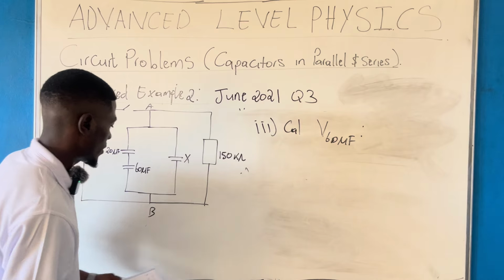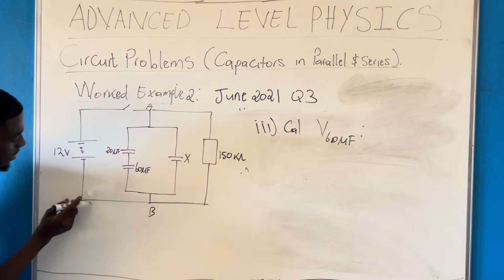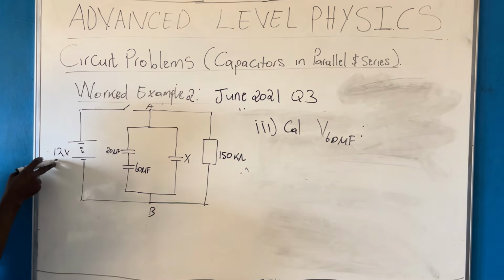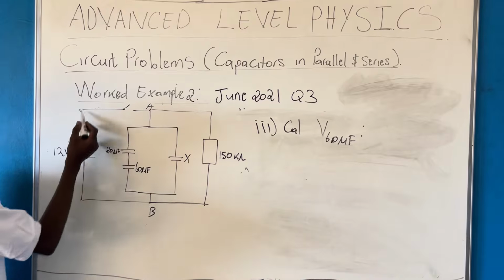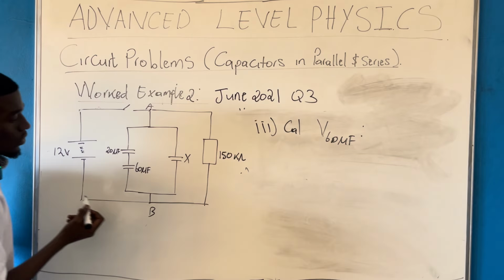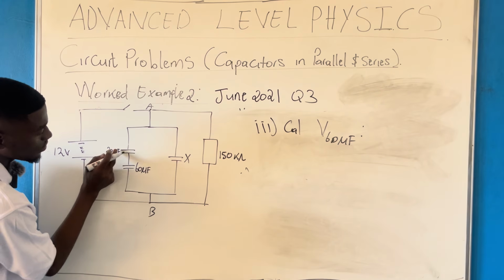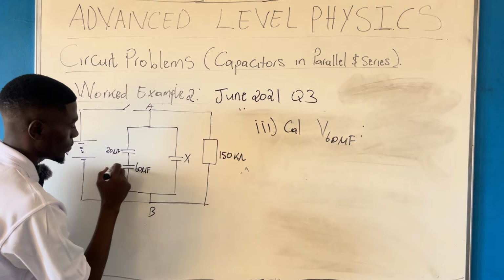We all agree that the PD across the points AB is exactly equal to the PD of the battery, which is 12 volts, since the two are in parallel. So this point here is the same as here. It means when I reach here, I have my 12 volts. Since these two are in series, they should have different voltages.